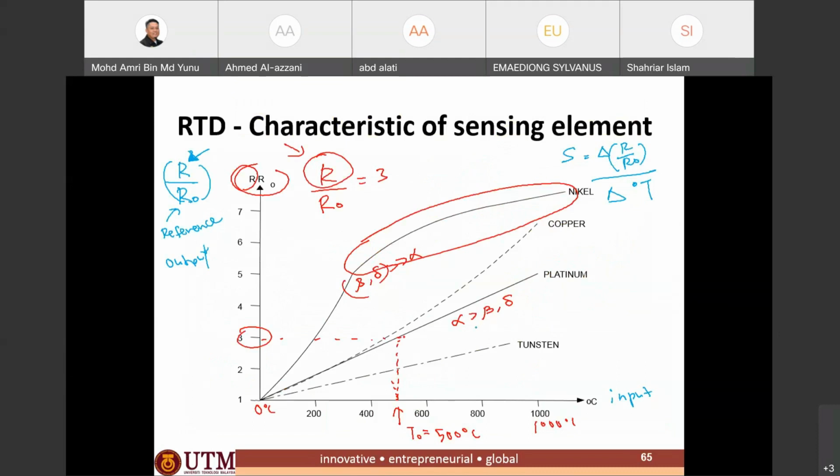For platinum, the alpha coefficient is much bigger than beta and delta. But for copper and nickel, the beta and delta are much more significant than the alpha. Therefore the output here is much more non-linear at high temperature.